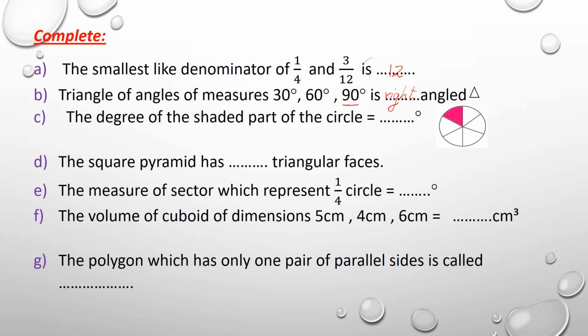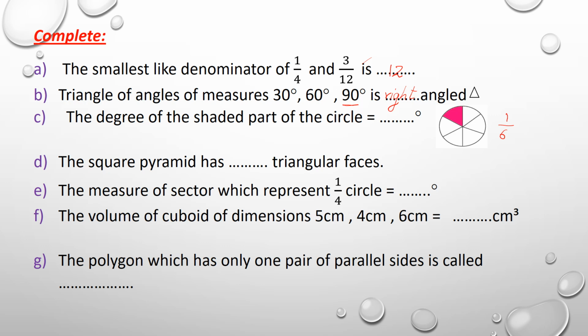Number C. The degree of the shaded part of the circle equal dots. I must say the fraction first. The fraction here is 1 over 6. As we said, the sum of angles around a point equals 360. So we must say 1 over 6 of 360.